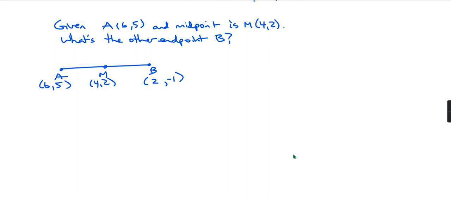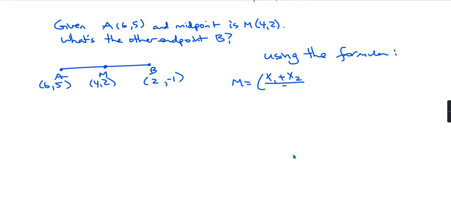Or another way is to show it algebraically using the formula. We know that the midpoint is ((x1 plus x2) divided by 2, (y1 plus y2) divided by 2). We don't know x2 and y2, but we know x1 and y1.